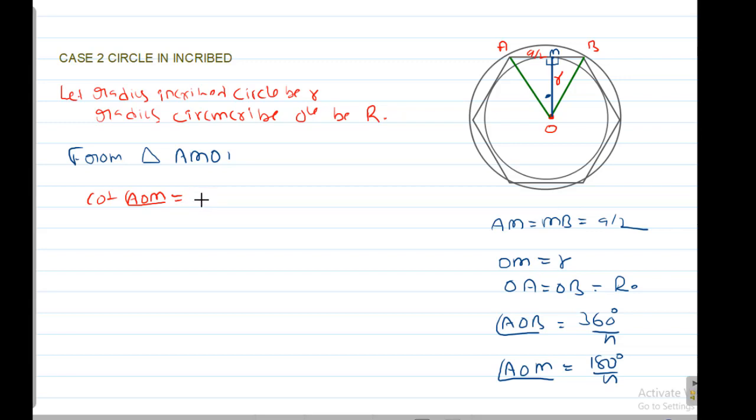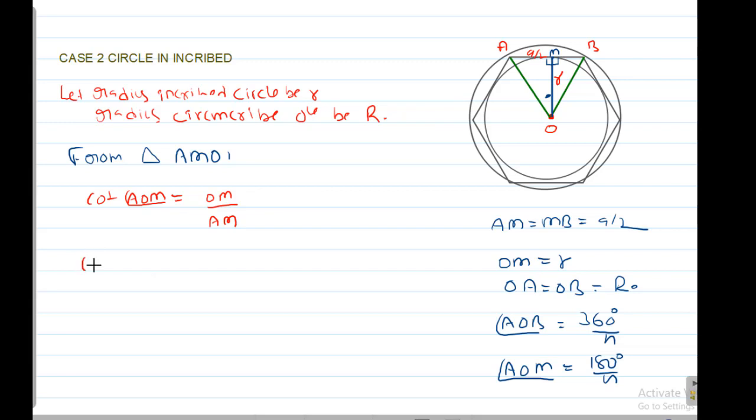Okay, cot of angle AOM equals OM, the adjacent side, by the opposite side, that is AM. Now, for the circumscribed circle, AB becomes the chord. For the inscribed circle, AB becomes the tangent. Take care of that.